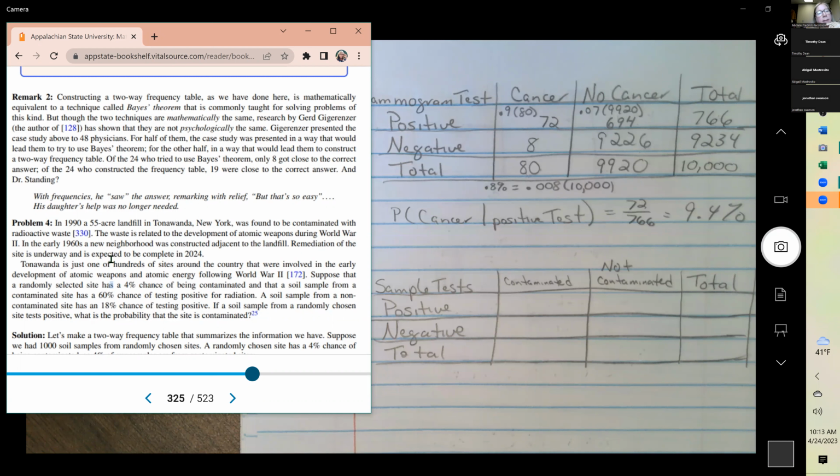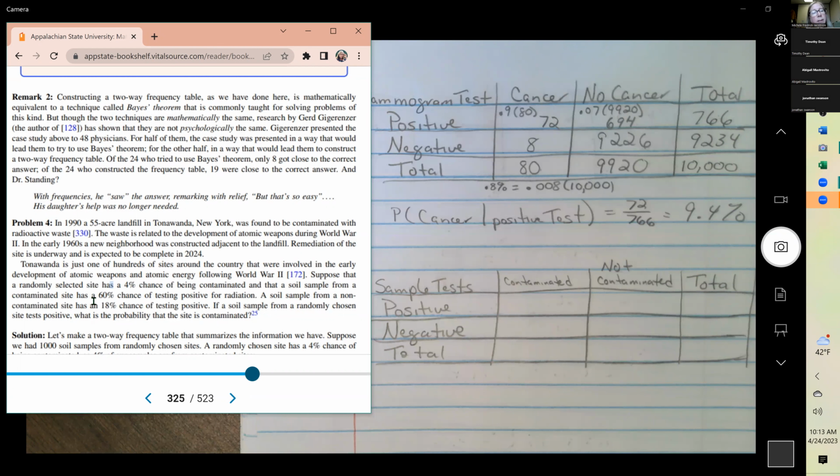In the early 1960s, a new neighborhood was constructed adjacent to the landfill. Remediation of the site is underway and is expected to be completed in 2024. Tonawanda is just one of hundreds of sites around the country that were involved in early development of atomic weapons and atomic energy following World War II.